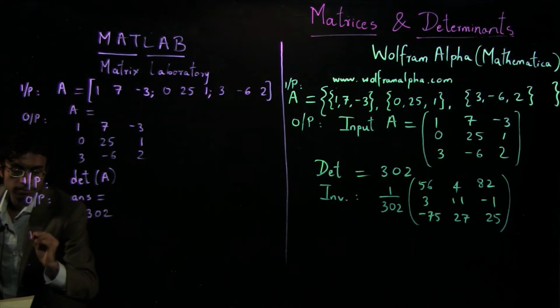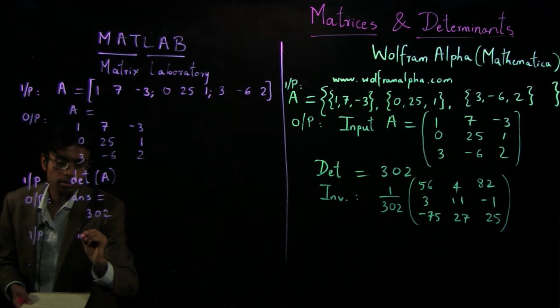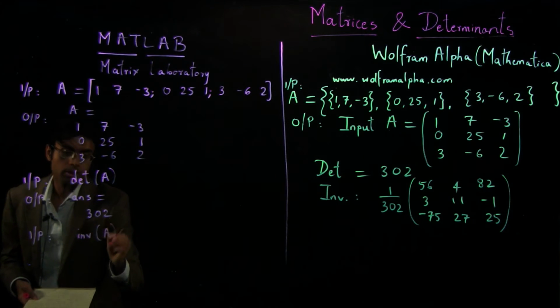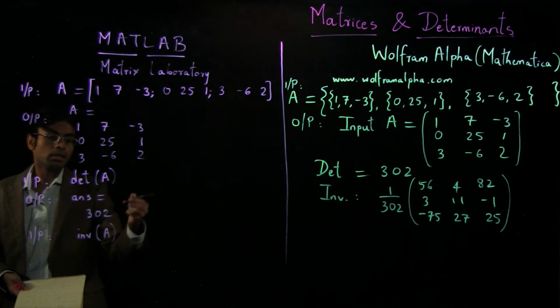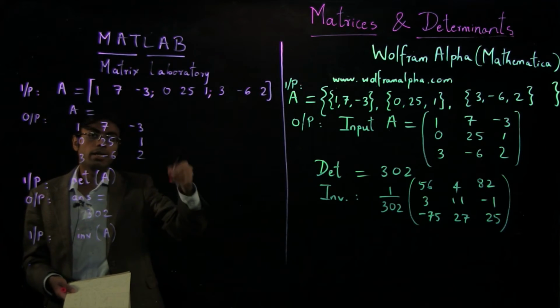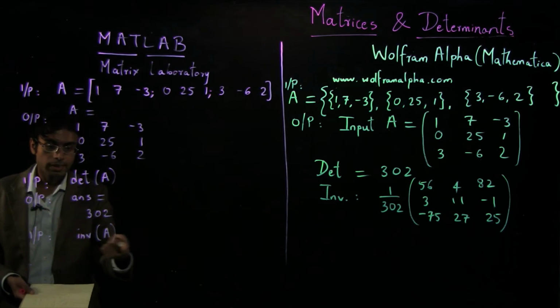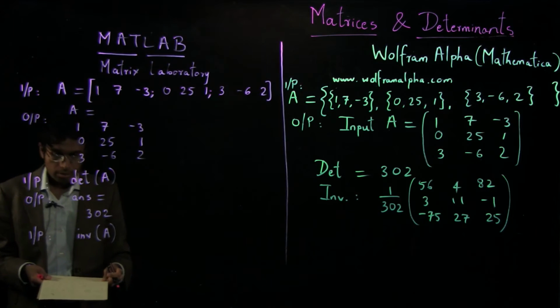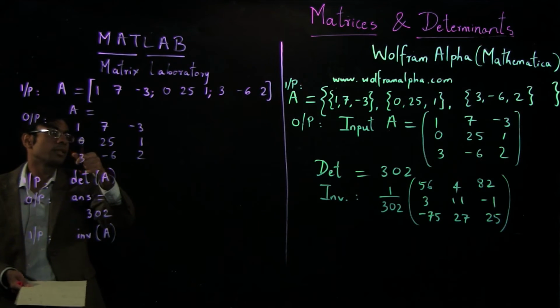Then next time let's say you want to find out the inverse, you input inv of A. So these are special commands which Matlab can recognize. So you cannot write A minus 1, for example, at the command line. You have to follow the syntax, and if you write inverse of A, Matlab handles it a bit differently.